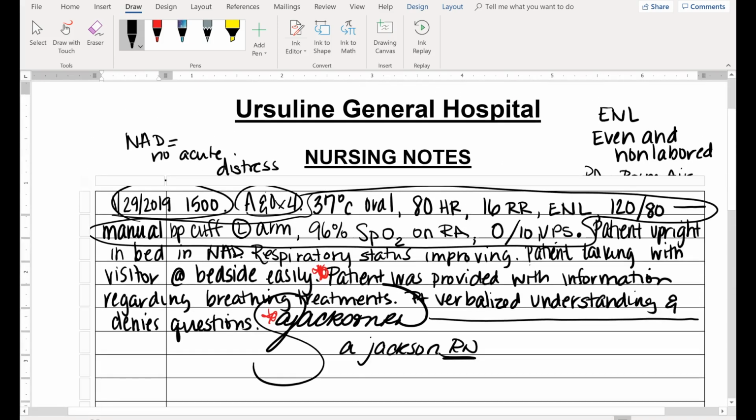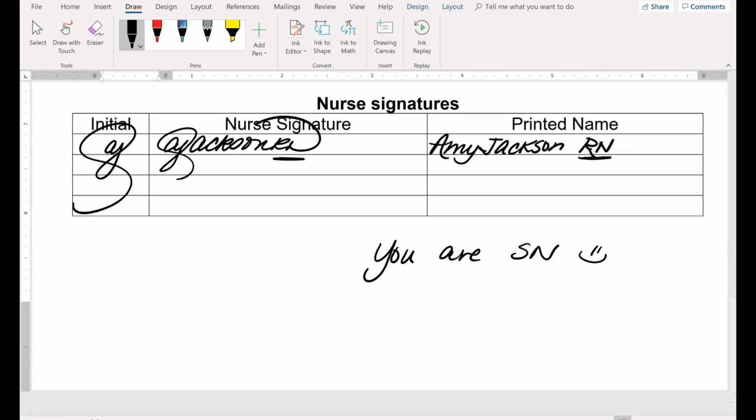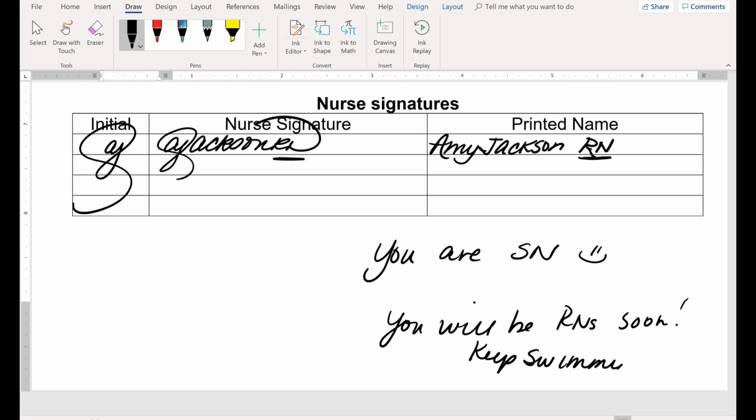So for y'all, for here, this is where you're going to write SN, okay? You're not RNs quite yet. You'll be soon. Keep swimming, right? Okay, so you're going to sign SN here, here, and at the end of your note.